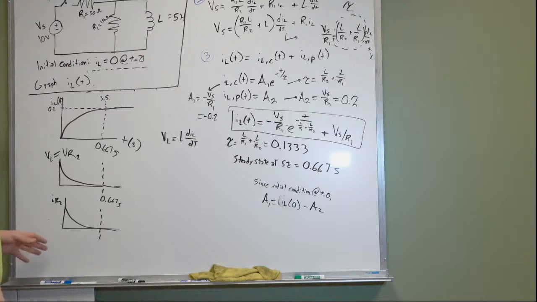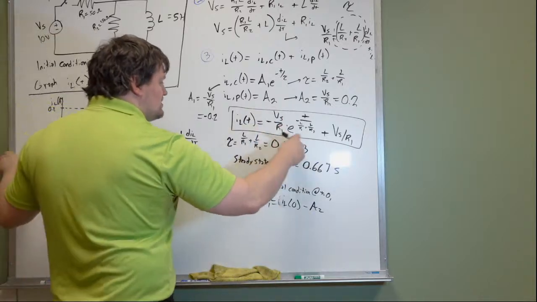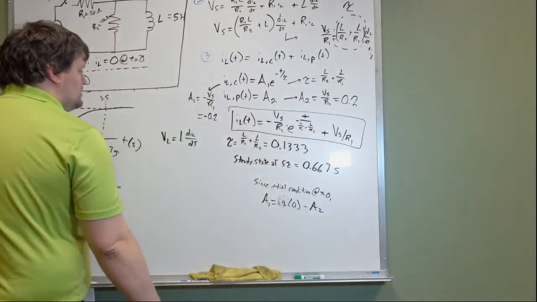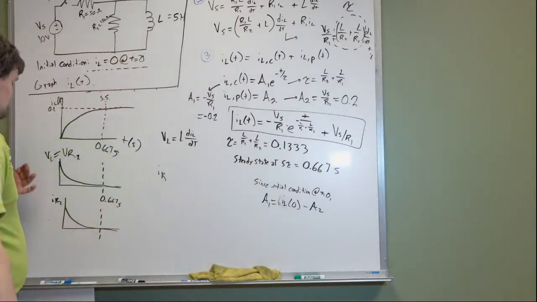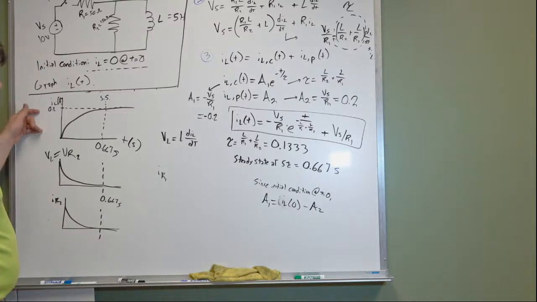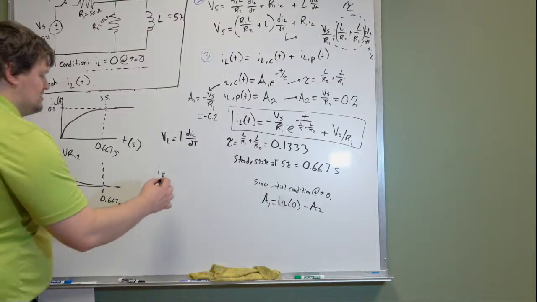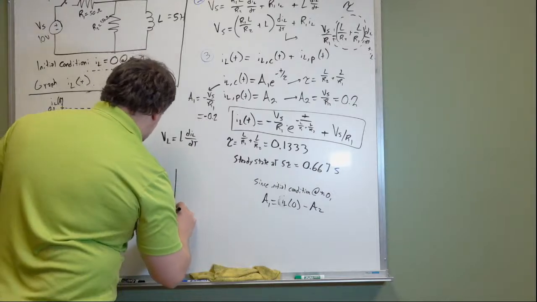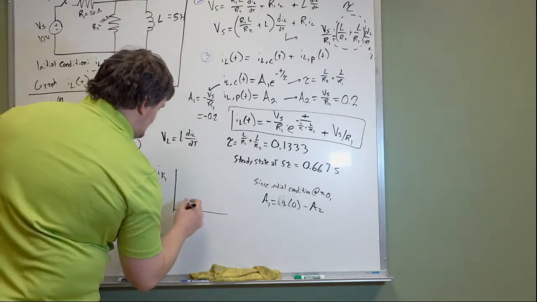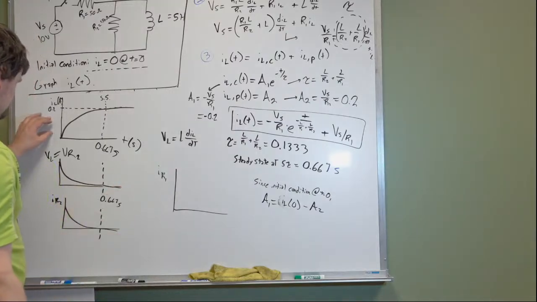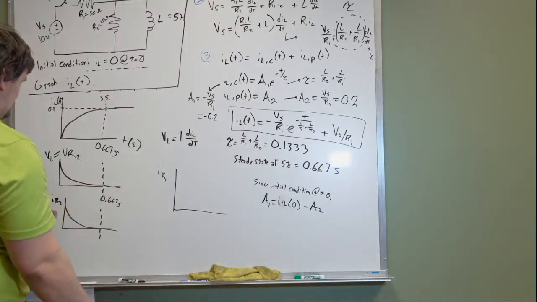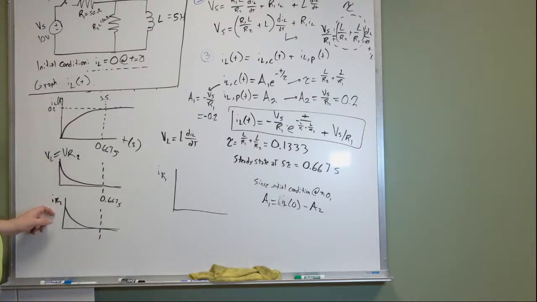Now, what we'll notice happens with IR1 is that it ends up having a very similar equation to this. IR1 is equal to IR2 plus IL. If we sum these together, you end up with a system that, I believe, now this is 0.2, this is 0.02, which is much larger than this one.